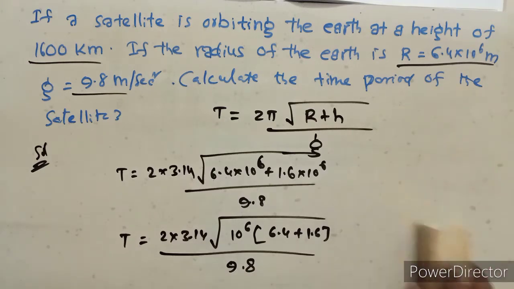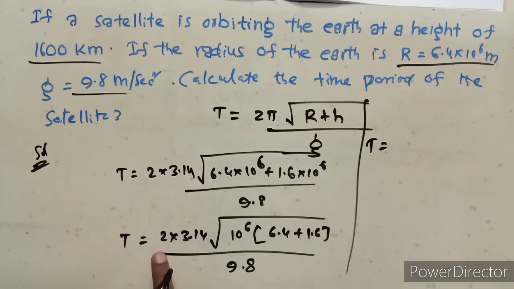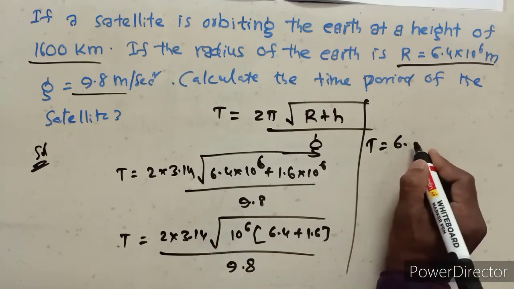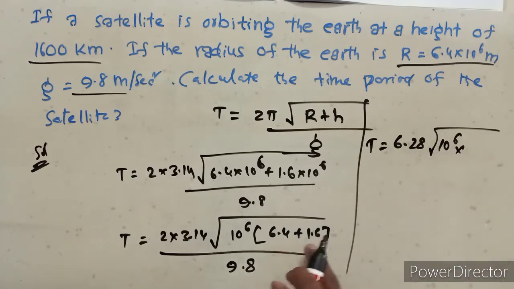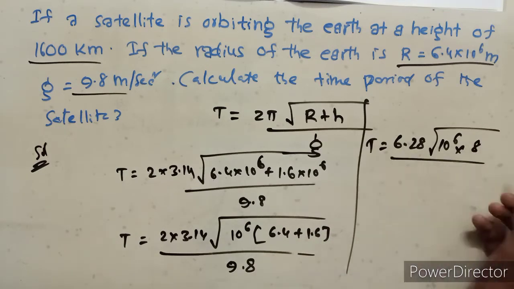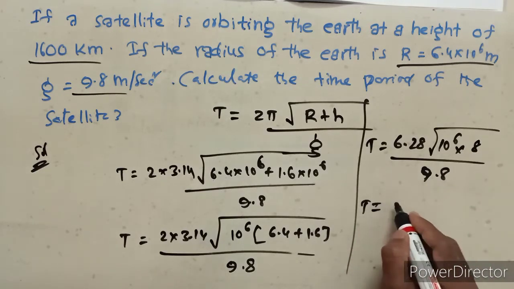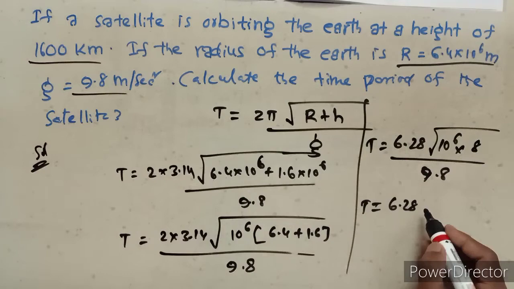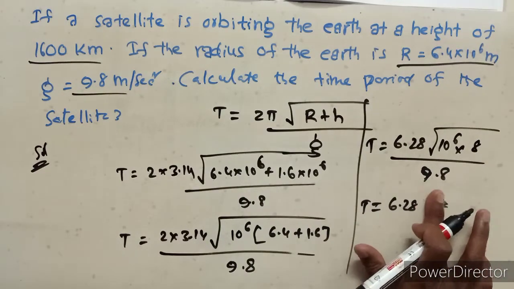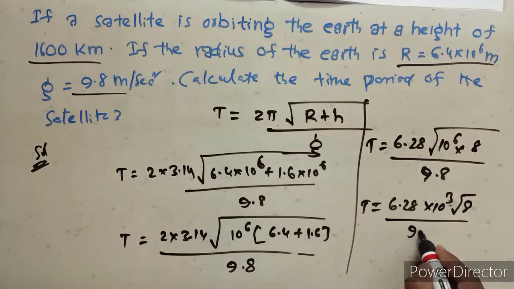Further simplification: 2 into 3.14 is 6.28, under root of 10 to the power of 6 into 8 upon 9.8. So the time period T equals 6.28, and under root 10 to the power of 6 is 10 cube, into under root of 8 upon 9.8.